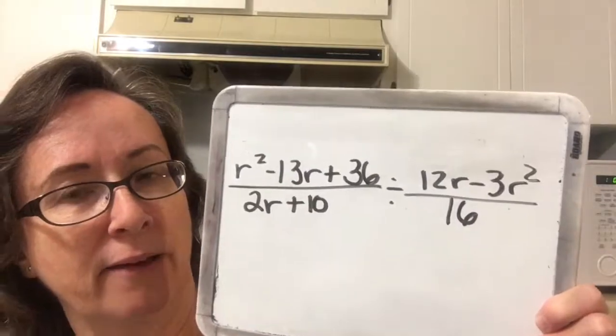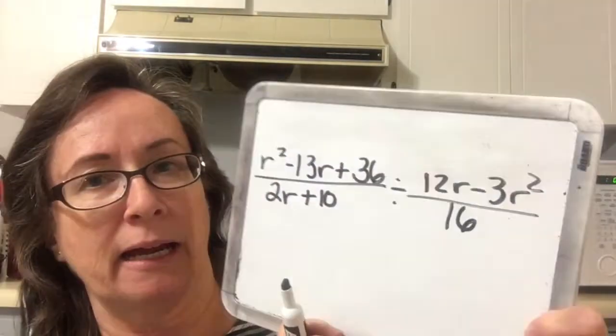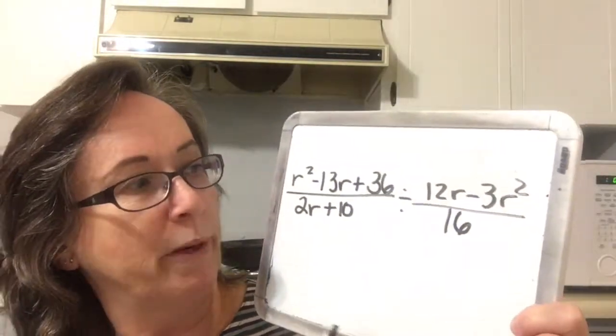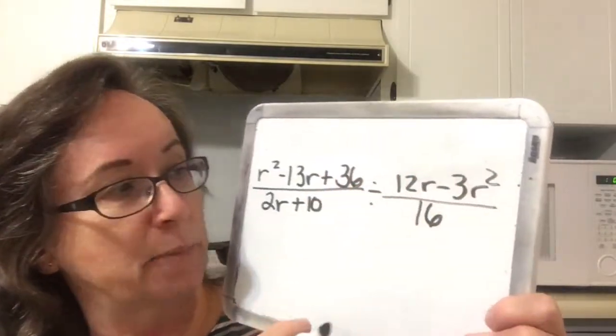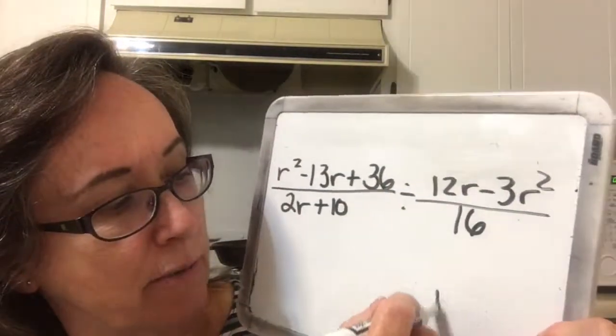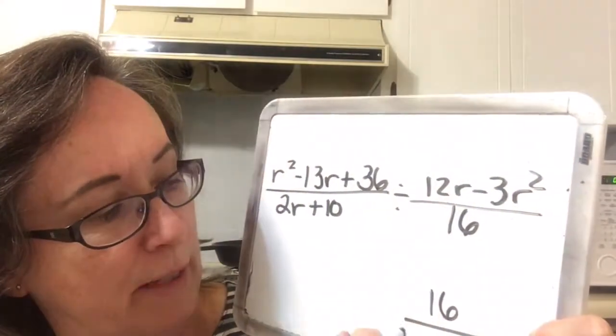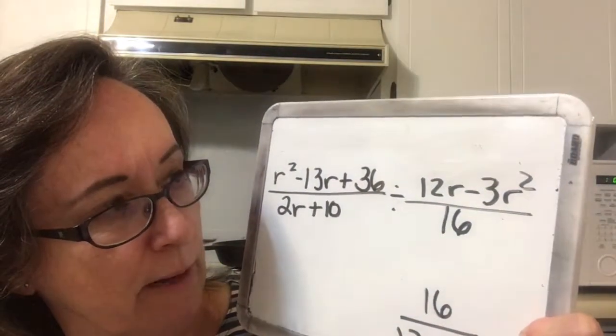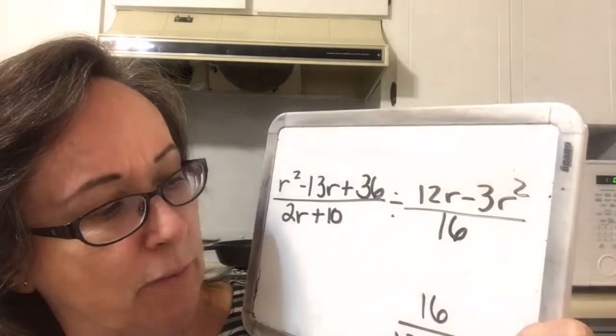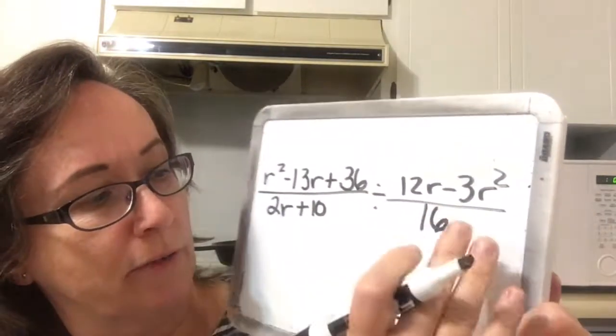we again have a rational expression divided by a rational expression. So we're going to flip the second expression over, and I'm just going to write it down here so that I can turn around and write it up there because I don't want to copy the first one over again.